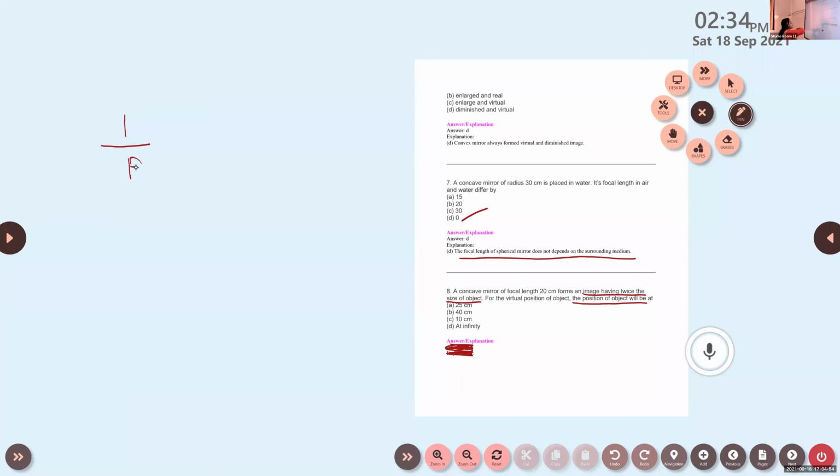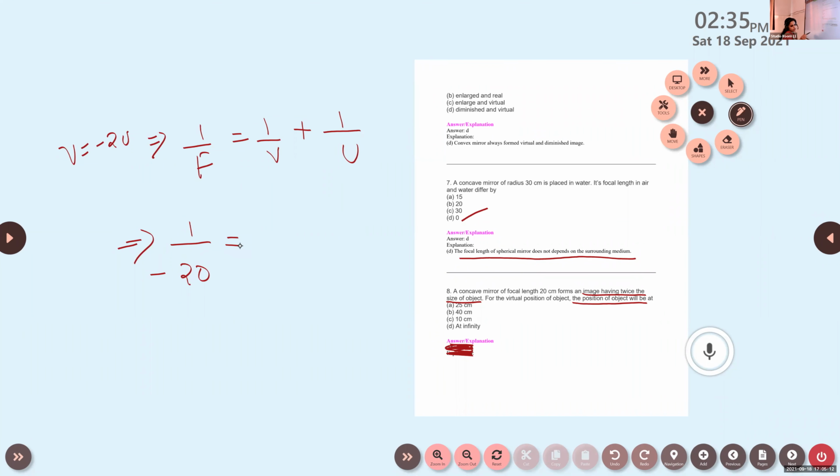So here, I think we made one mistake. You don't need to take V is equal to negative 2U. So the equation becomes 1 by f is equal to 1 by v plus 1 by u, which implies 1 by minus 20, since the focal length is negative, is equal to 1 by 2u, the image distance being twice the size of the object, plus 1 by u, where object distance is always negative, so it is negative u.